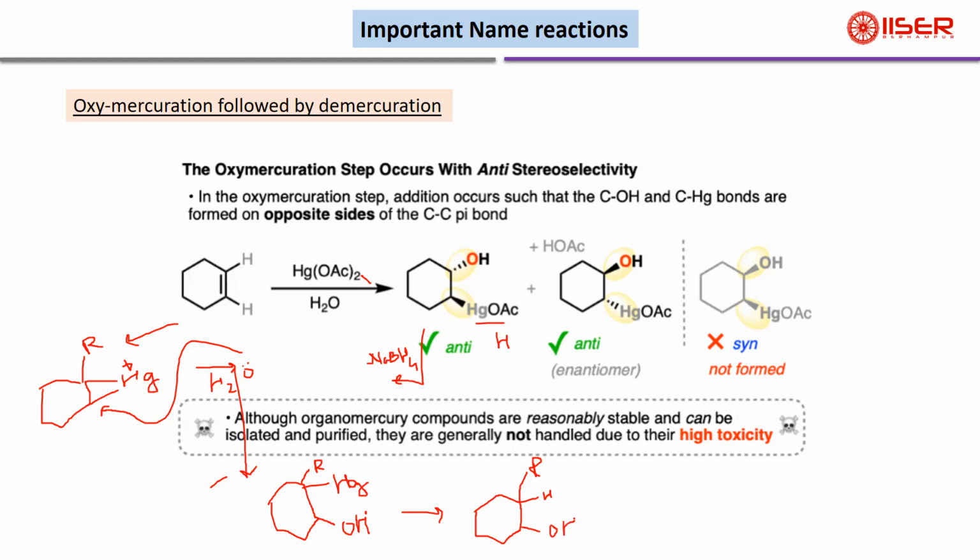So from these two, the idea we got is that in case of hydroboration followed by oxidation, the OH group enters the less bulky carbon, whereas in this case the OH group enters the more substituted carbon.